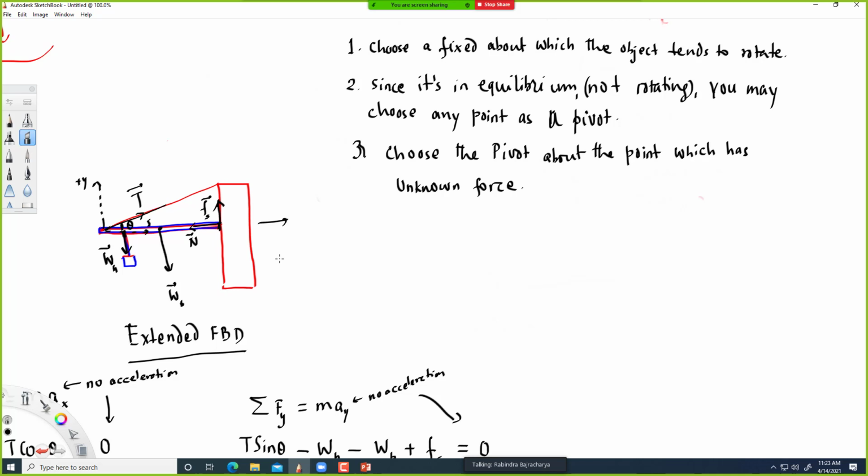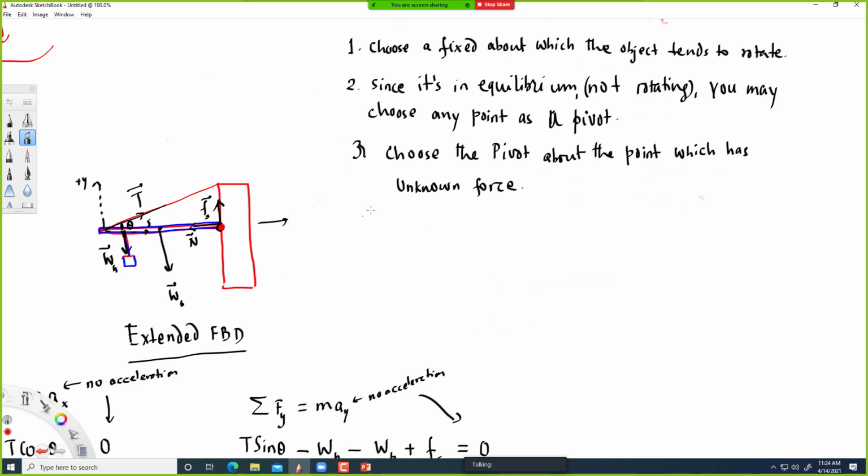Here you may be given the tension, the weight, the weight of this beam, the angle, but you may not have friction or the normal force. The friction and normal force are acting at this point, so we will choose this point as our pivot. If friction and normal are not known, then this point will be our pivot point. You can choose any point, it doesn't matter. So just choose this point as the pivot point.